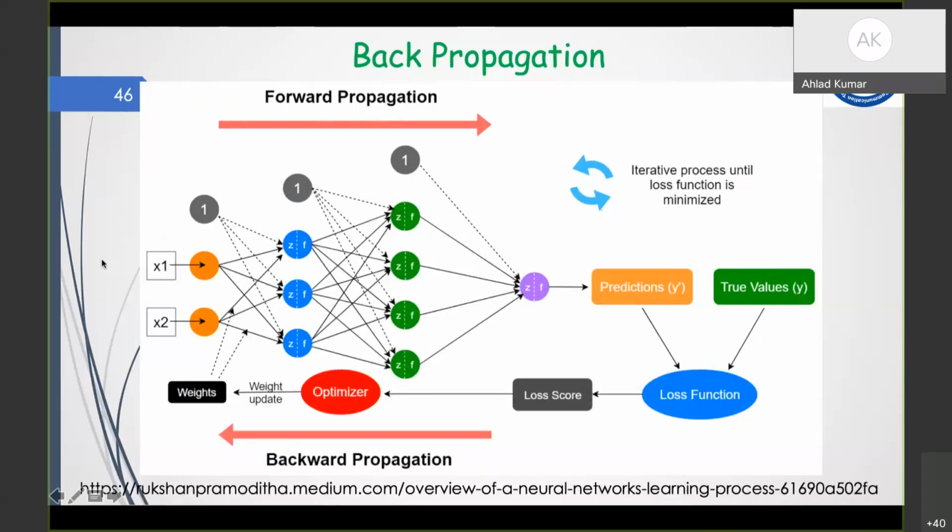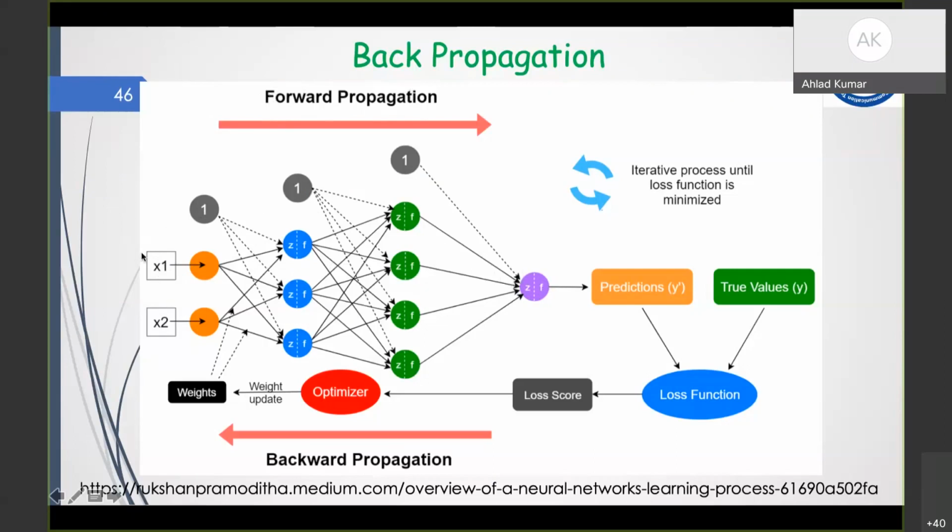If you feed in the input and make the calculation go from left to right till you reach the final output f, that is what we call forward propagation. In forward propagation, you are moving the data from left to right.